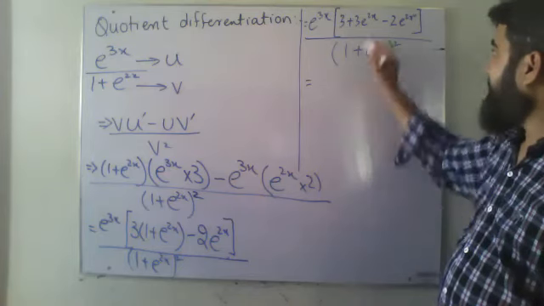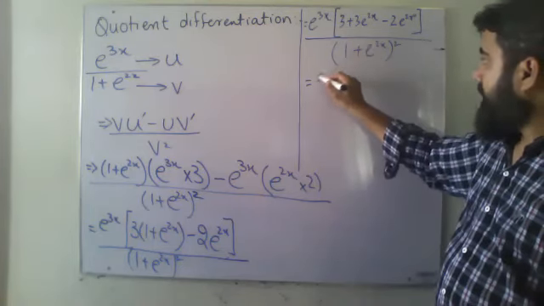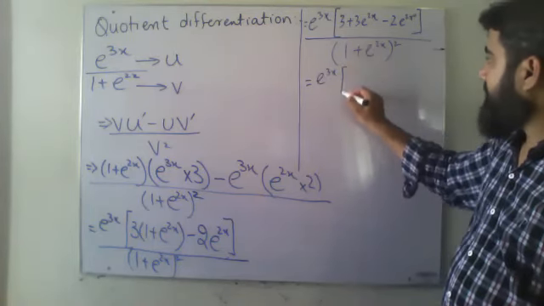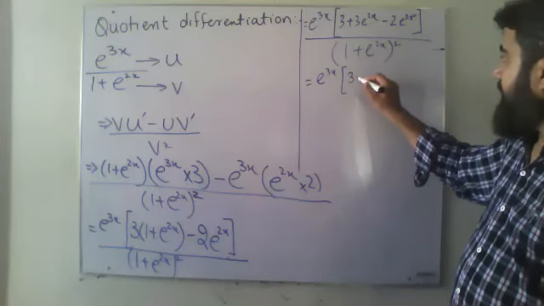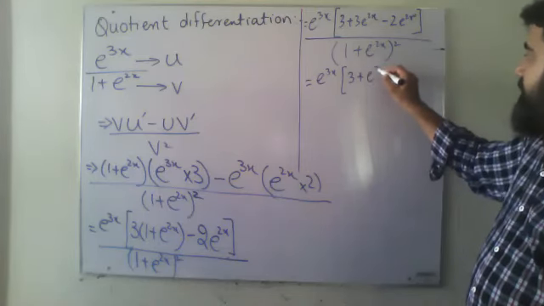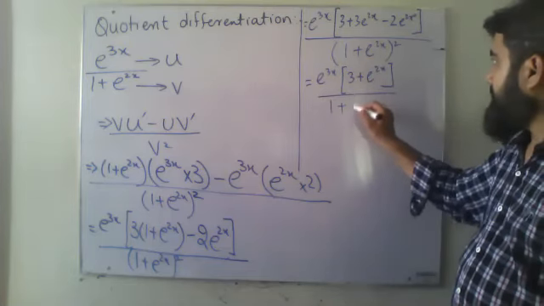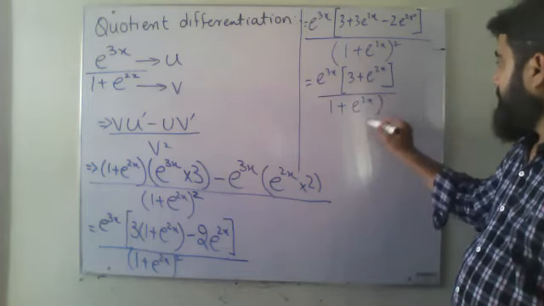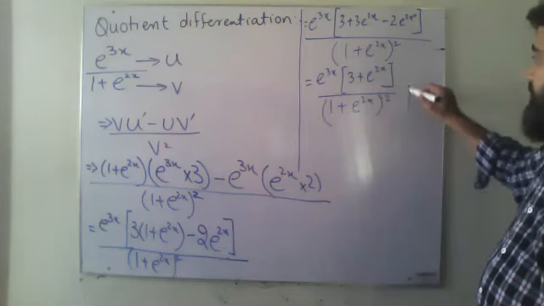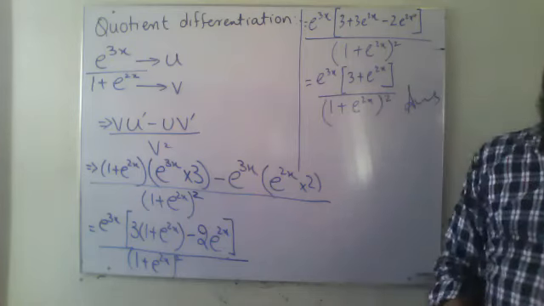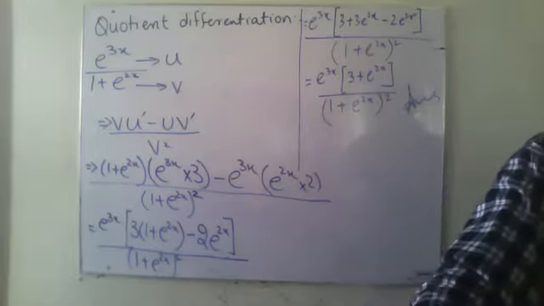Okay, after this, e^(3x) (3 plus e^(2x)) over (1 plus e^(2x)) squared. Nothing else can be done. So this will be my final.